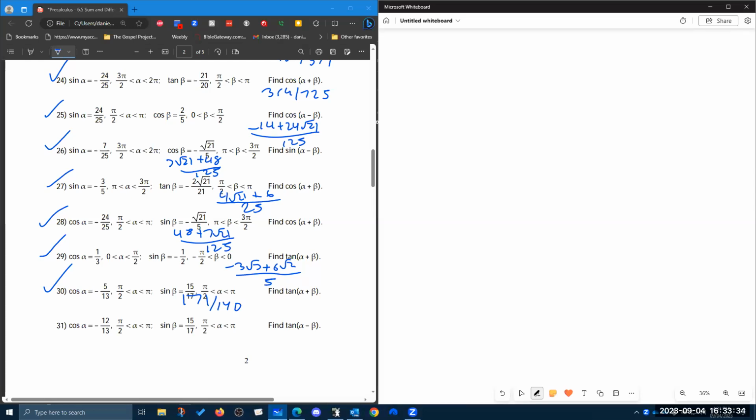Now alpha is in quadrant 2 again. Cosine is negative 5 over 13. Beta is also in quadrant 2, and this is the sine value 15 over 17. That's a negative 8. And I want tan alpha minus beta.